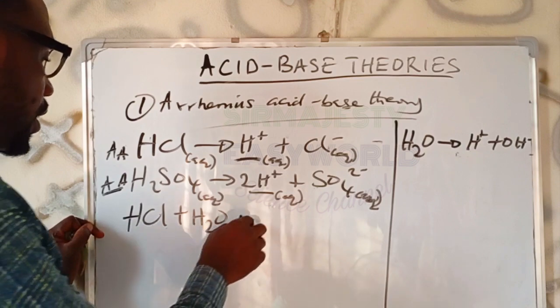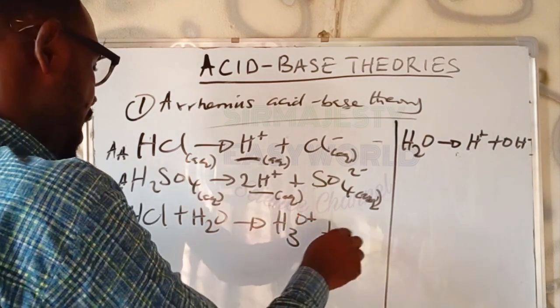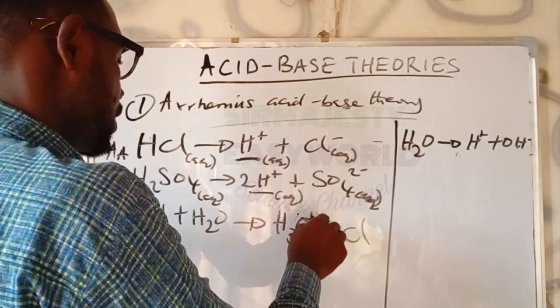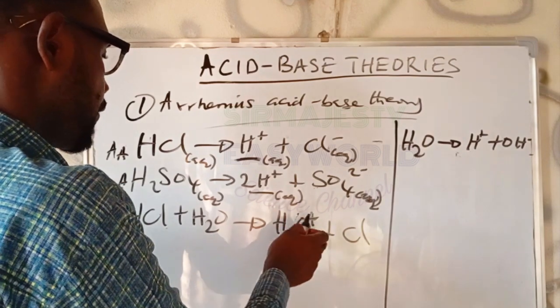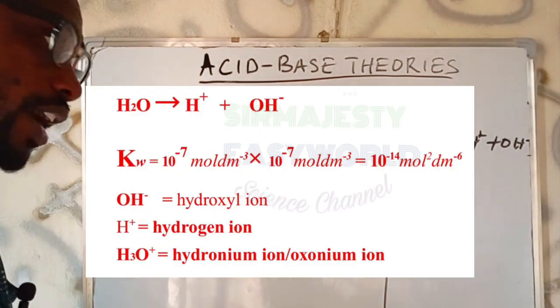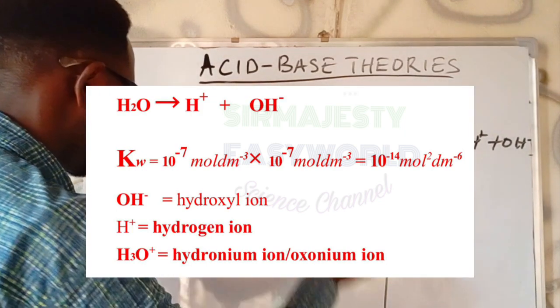So when we say HCl, it will dissociate to give you hydroxonium ion and then the chloride ion. This is still an acid because the only positive ion is either hydrogen ion, hydroxonium ion, or hydronium ion. Now, we take a look at the bases according to him.